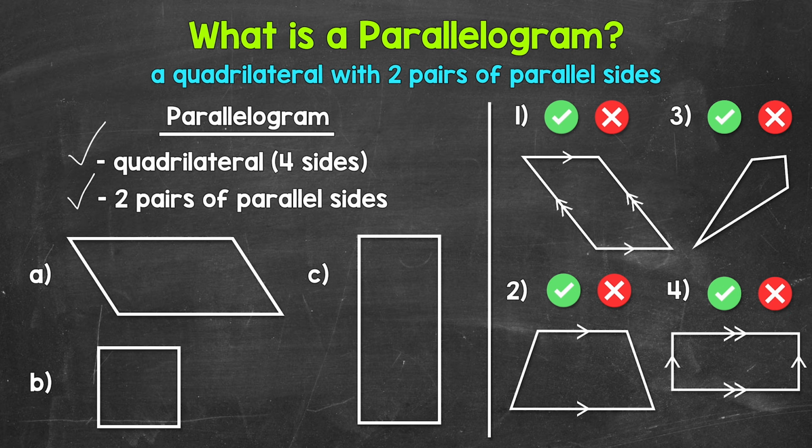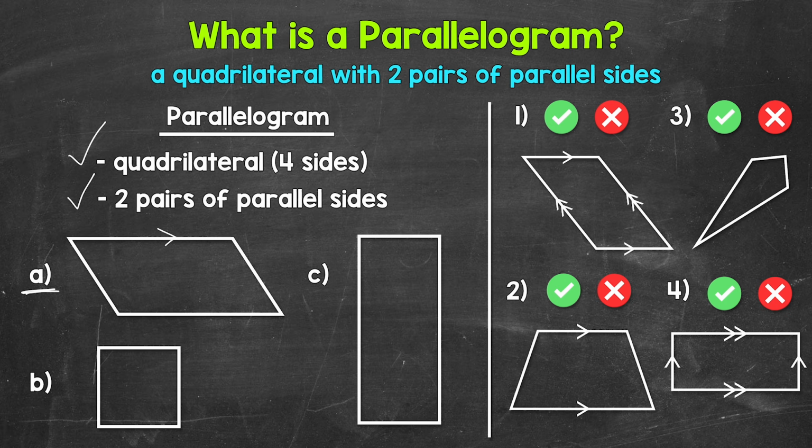Let's start by taking a look at example A right here. We can see that we have a quadrilateral, and then we can also see that we have two pairs of parallel sides. Opposite sides of parallelograms are parallel, and they are equal in length as well. Now we can show that they are parallel by using arrow symbols.